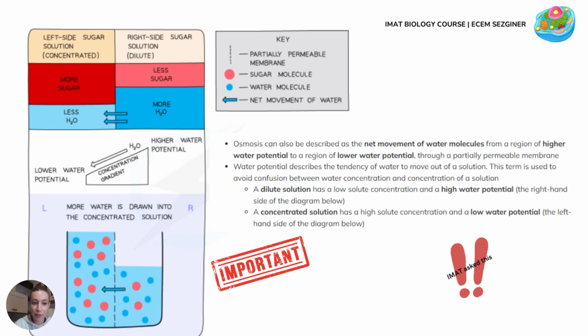Okay, I have to make this word trick here to make you understand. The water movement happens from the more water abundant area to the less water abundant area. So when I say diluted, it's actually more water abundant, and when I say concentrated, it's actually less water abundant. It's important.